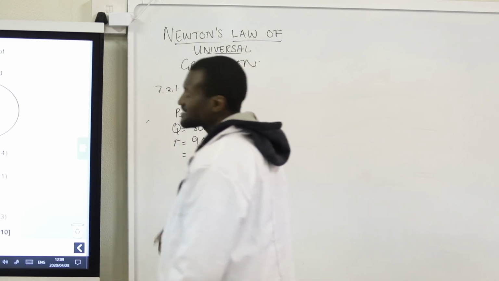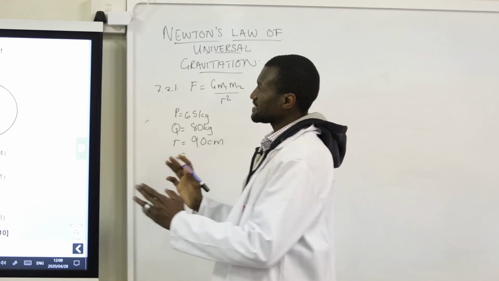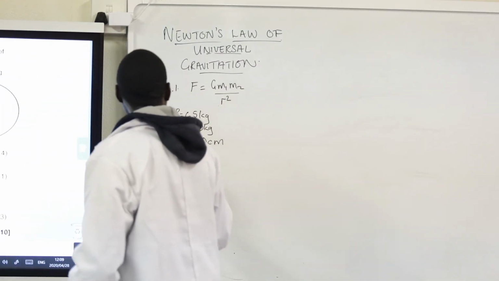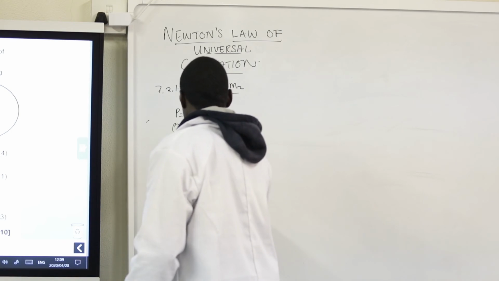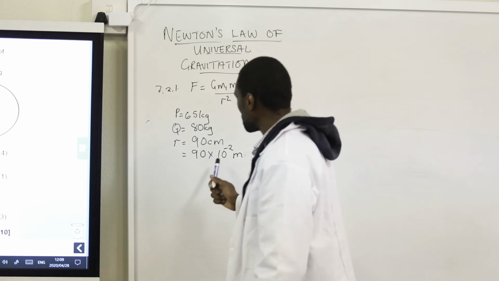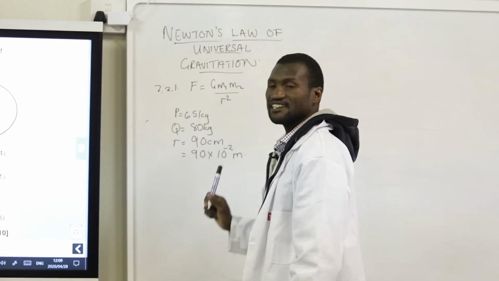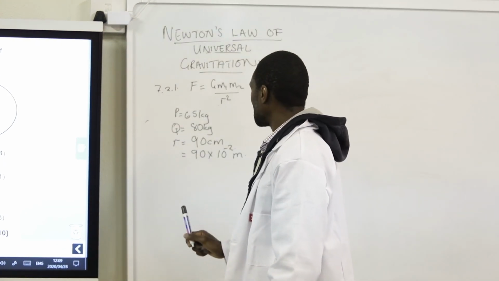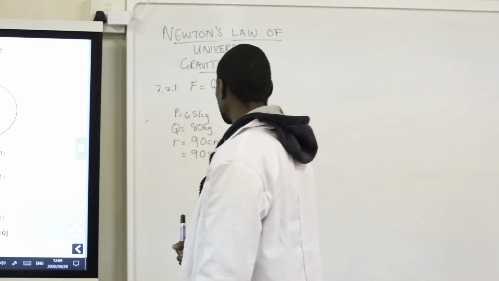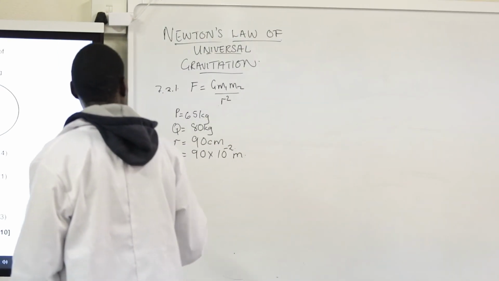Immediately, when I see the distance between their centers not being in meters, I must change it. 90 times 10 to the power negative 2, so that it can be in meters. Remember, there are 100 centimeters in a meter. So in order to get meters from centimeters, we divide by 100.